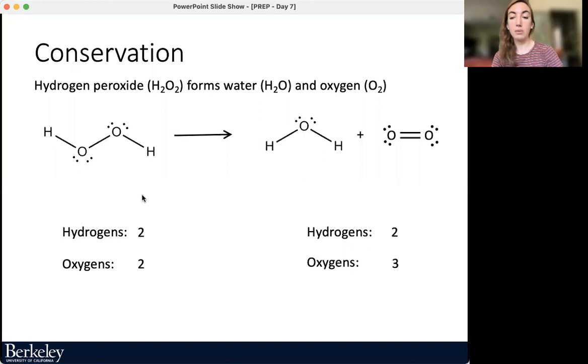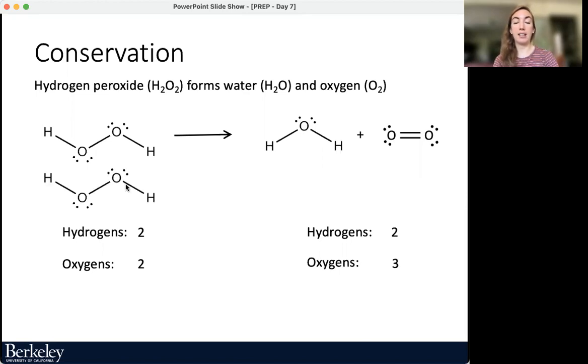So when we count on the left and the right, they better be equal. So what I need to do is change how many of each molecule are on each side. I don't want to change who's reacting, so I can't add another species, but what I can do is change the amounts.